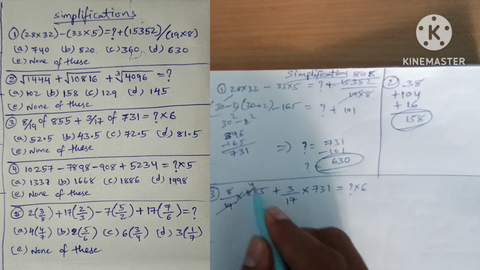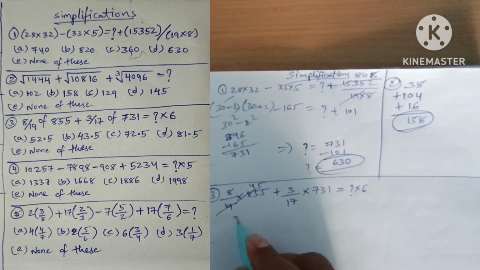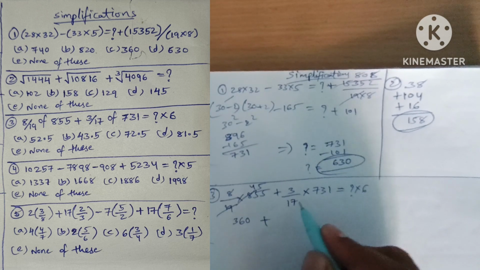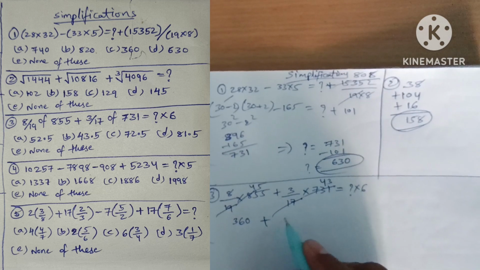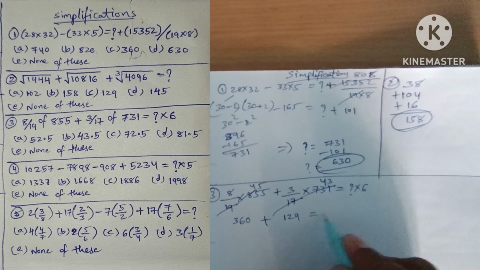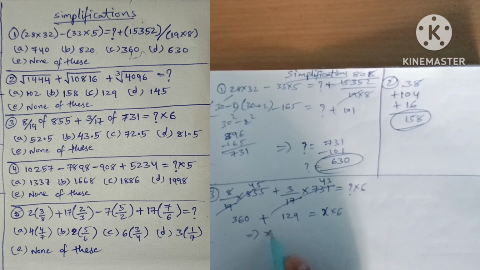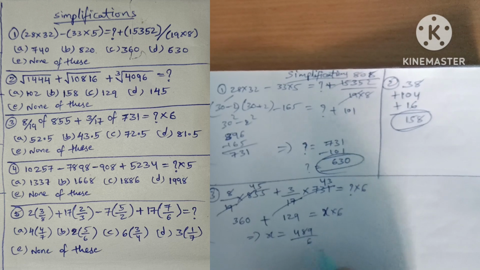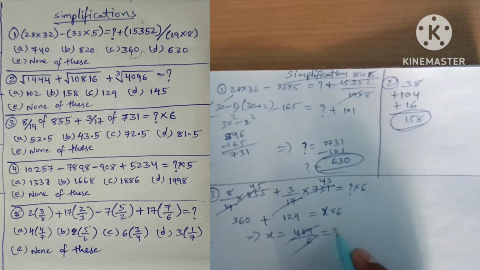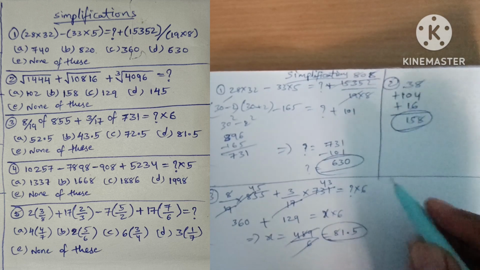That gives 360 plus 129 equals x into 6. Therefore x equals 489 divided by 6, which is 81.5. So our third answer is 81.5.